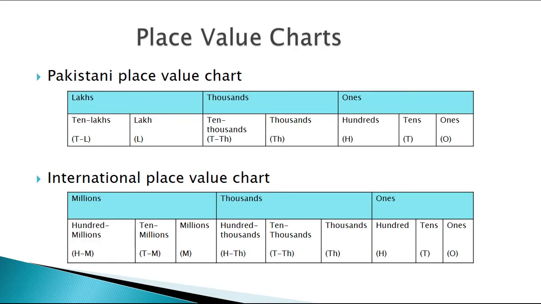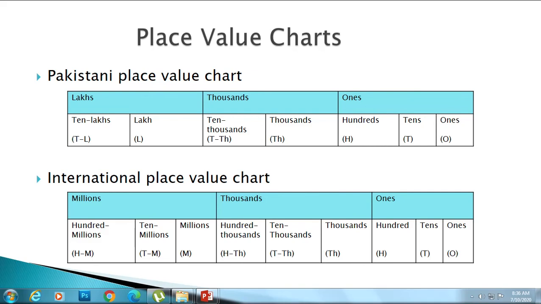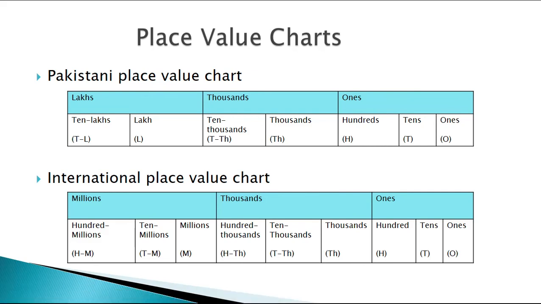Now students, we will read and write numbers with the help of a place value chart. First of all, I will give you an introduction, because there are two place value charts: one is the Pakistani place value chart and the second is the international place value chart.